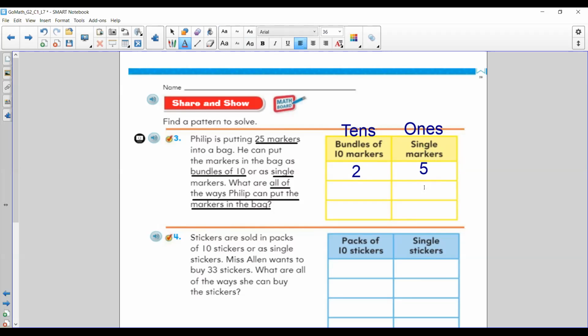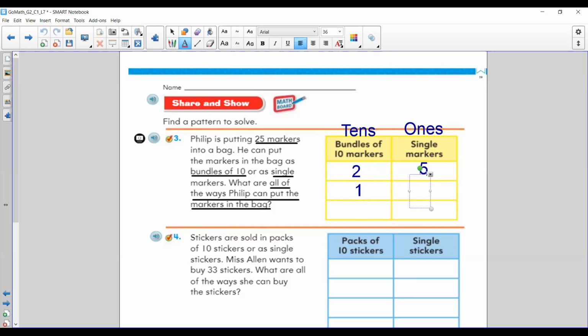Now, if we break apart one of the tens, how many tens will we have? If we take one of the tens away from the 2, 2 minus 1 is 1. But then we give that 10 over here in the ones column.